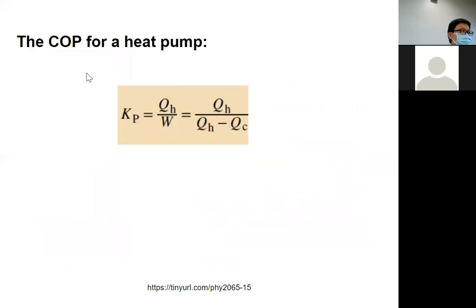So the coefficient of performance for a heat pump would be QH over W, because you want QH added to the room given the work done. So if you are shopping for these appliances, you want to look for higher numbers on the coefficient of performance.